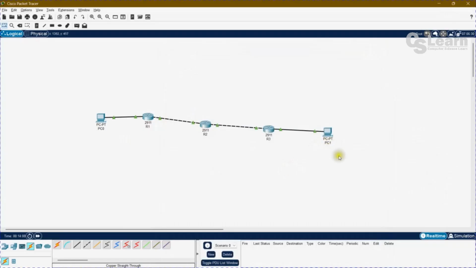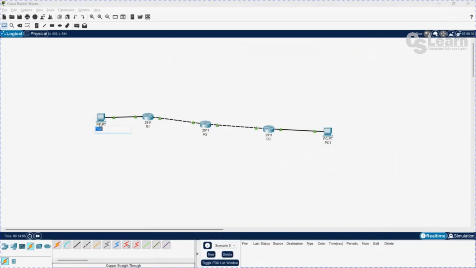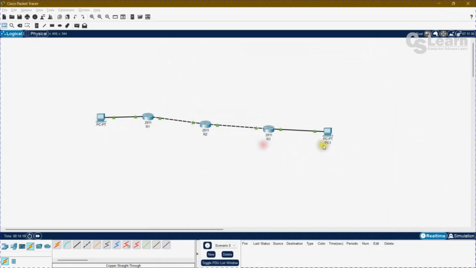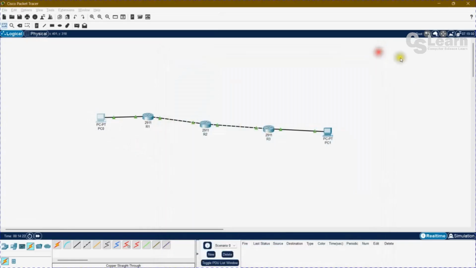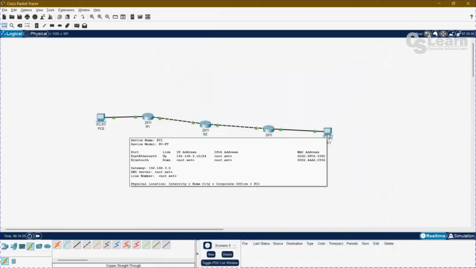So right now we are going to connect from PC0 to PC1. Okay, change the name to PC1. Sorry, so this is, okay, configure it. Go to the command prompt. Before that, what is the IP address of PC1?